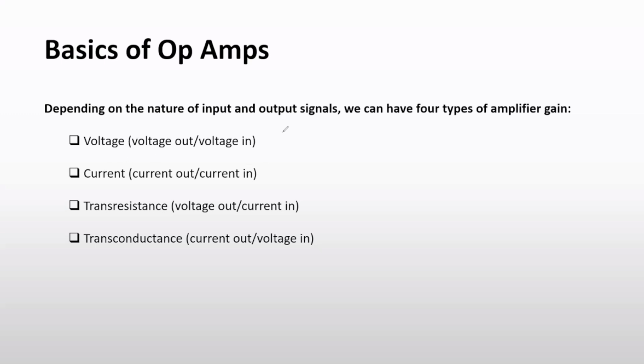That means the gain is given by the ratio of V out to V in. The amplifier gain is given by multiplying the difference between the input terminals.